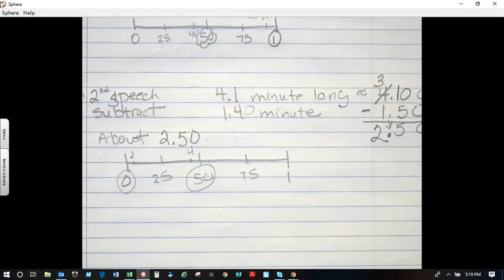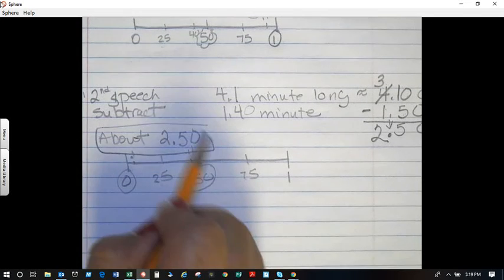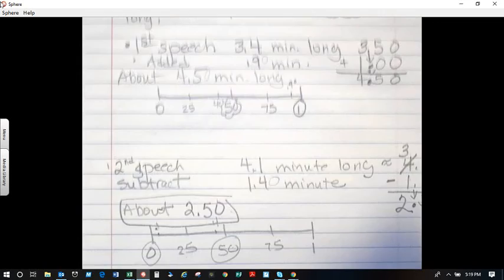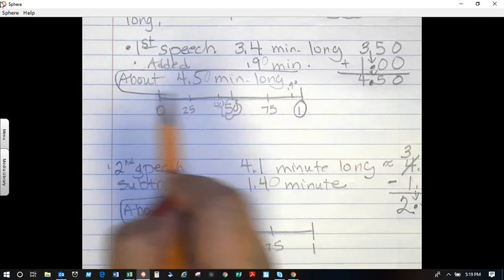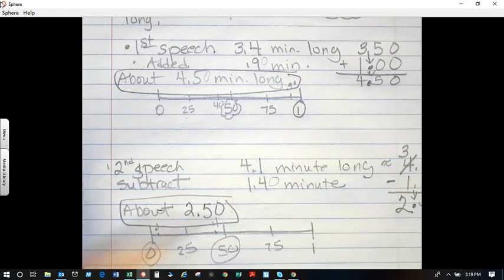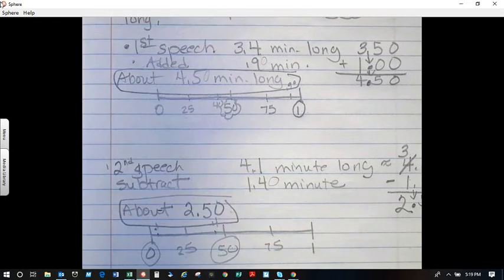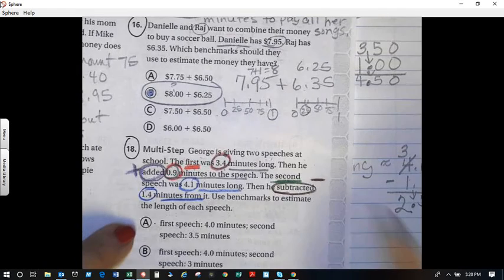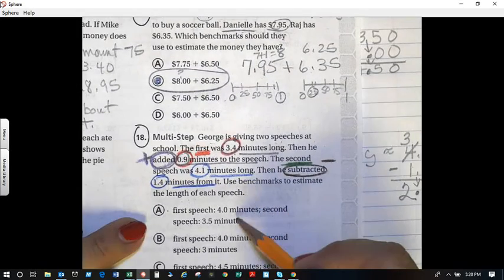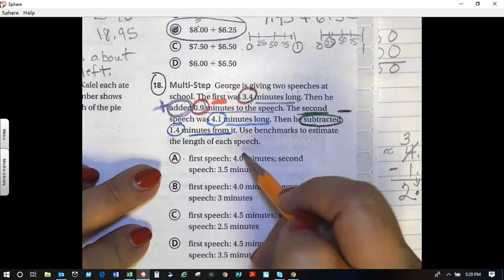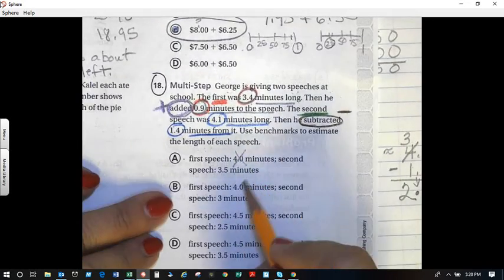Okay, now let's look at what we did over here. So here is my about here, and then here's my other about. Let's look at our answer choices. We said that the first speech was about 4 5/10 minutes long. Which one has 4 5/10? Not this one. Not this one.